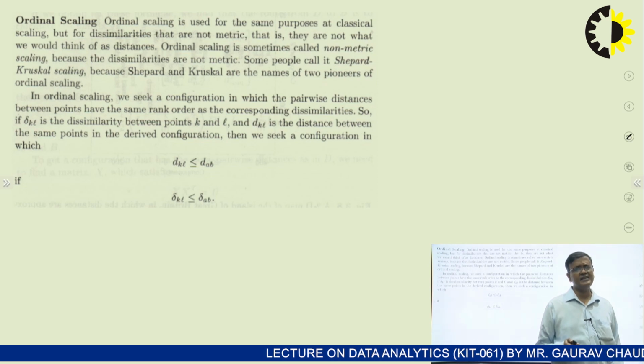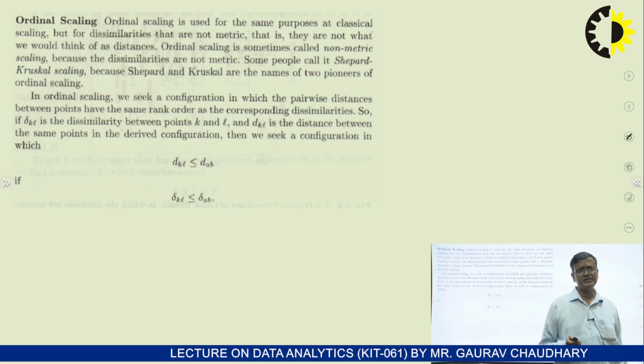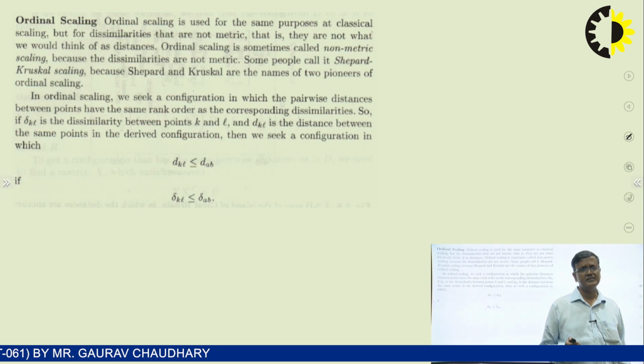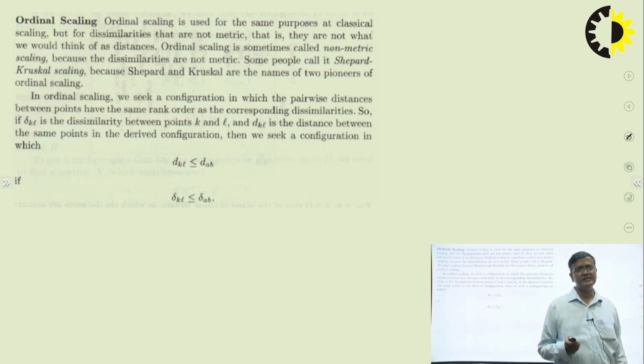So in ordinal scaling, we seek a configuration from the dissimilarities matrix in which the pairwise distances between the points have the same rank order as the corresponding dissimilarities. So if delta_kl is the dissimilarity between points k and l, and d_kl is the distance between the same points in the derived configuration, then we seek a configuration in which d_kl is less than or equal to d_ab if the condition delta_kl is less than or equal to delta_ab is satisfied.